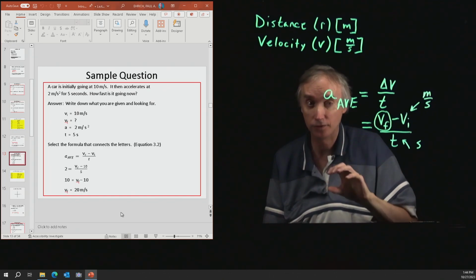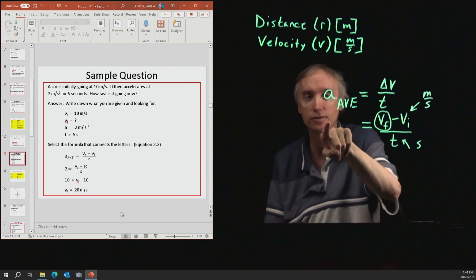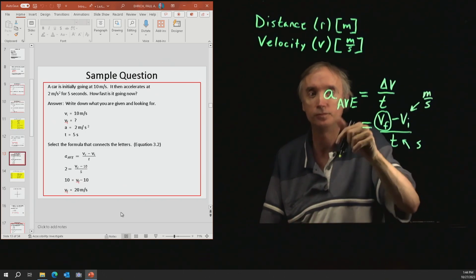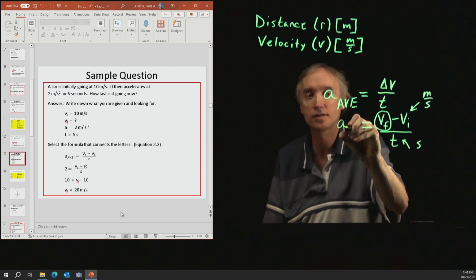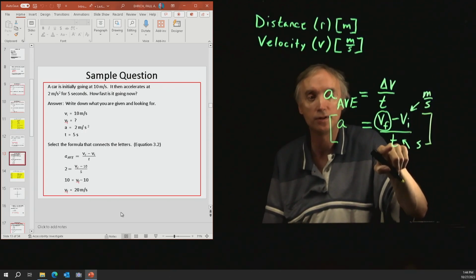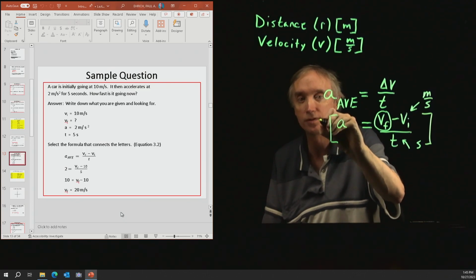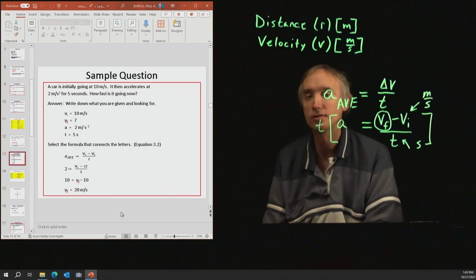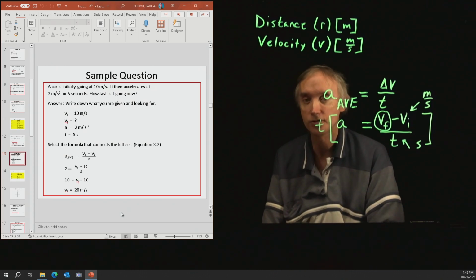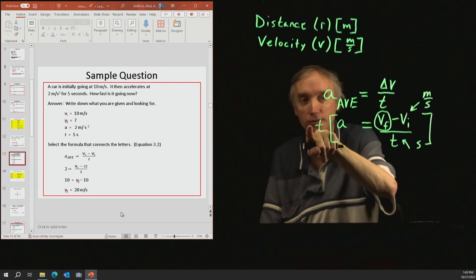So now we have to use algebra on this. We need to take the t over to the other side of the equation, and we're always going to do opposites. So if this is our acceleration, since this t down here is division, then we're going to multiply. We're going to do the opposite thing. So we're going to multiply both sides of the equation by the letter t, but we're still not finished, because now we need to get this v over to the other side.